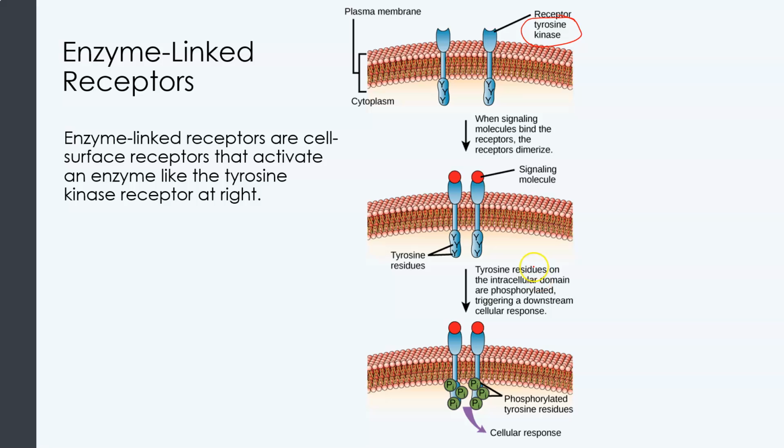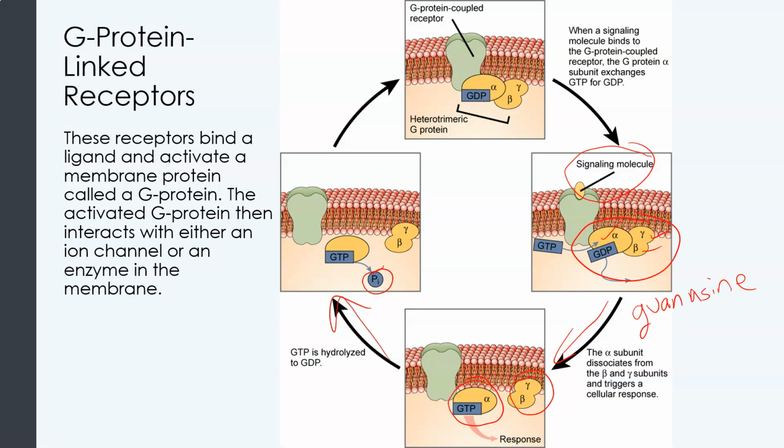And what happens is that the tyrosine residues on the intracellular domain are phosphorylated, and that means a phosphate is added to them. They're phosphorylated, triggering a downstream cellular response. In other words, just triggering some cellular response.